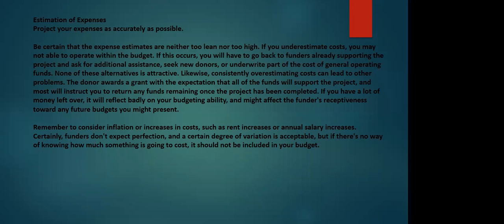So it's important that you put down in that budget justification that all of these numbers are based upon 3 quotes, and what you see here is the cheapest available of all.